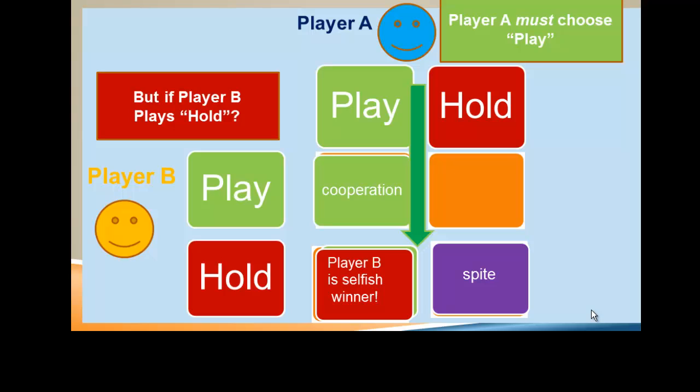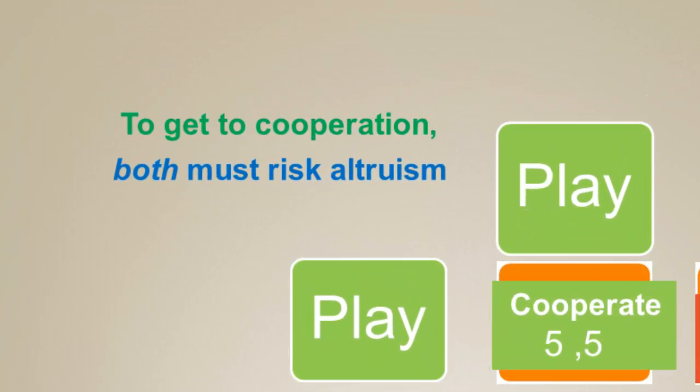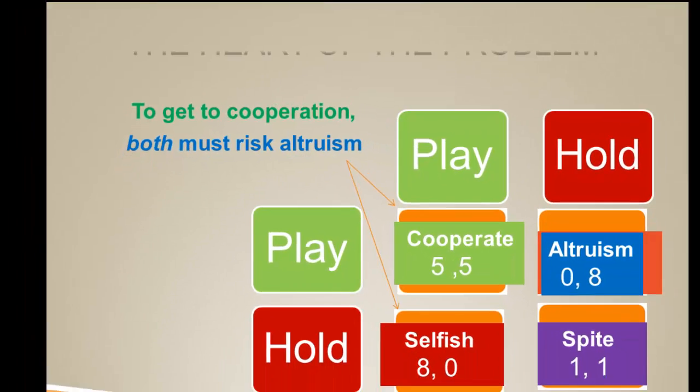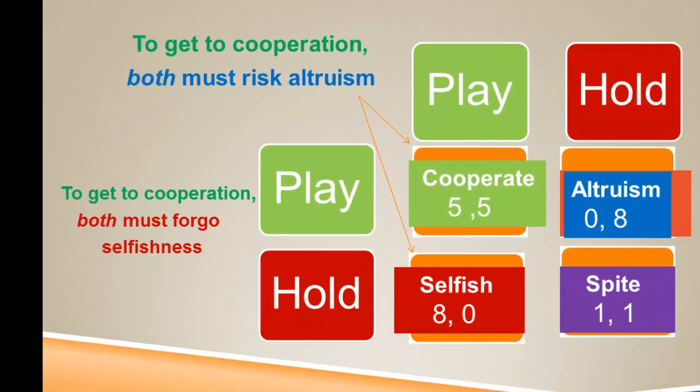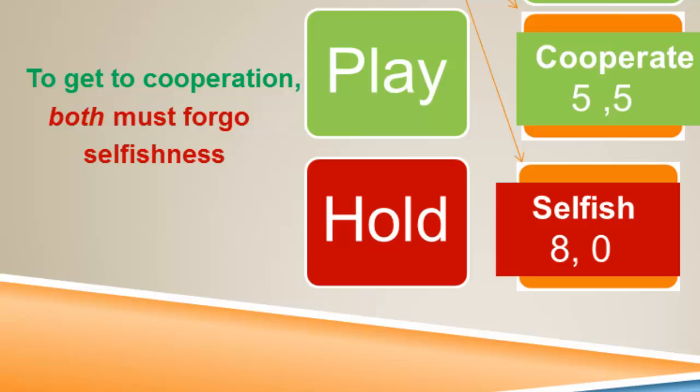So to get to cooperation rather than spite, these two players have to somehow decide that it's better off for them to cooperate than to play their selfish hand. So to get to cooperation, both must risk being turned into an altruist. They both have to take a risk on altruism, and if they do that simultaneously, they'll hit cooperation. So the risk is there for both of them, and this is the heart of the problem. To get to the cooperation, both must forego selfishness and risk being turned into an altruist.